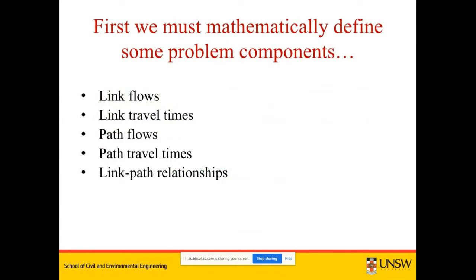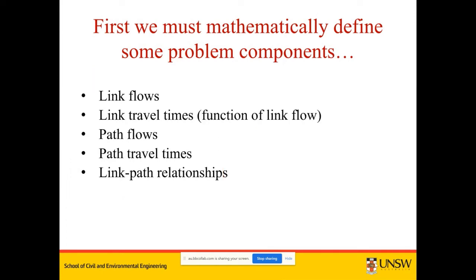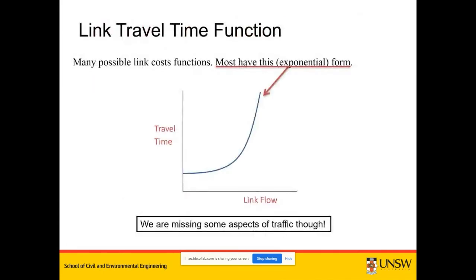Before going through that, we need to define mathematically some terminologies, because we need to put some mathematics and formulas here. So link flows, link travel times, path flows, path travel times, and link-path relationships. These are the main notations. We need to first define and put some mathematical notations to these terminologies. But before that, we talked about this, that link performance functions usually look like this.